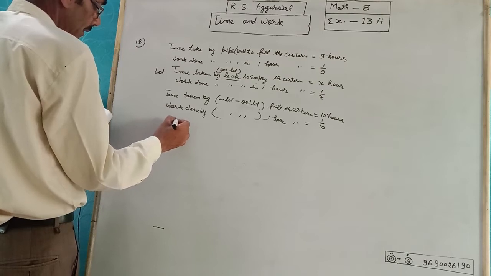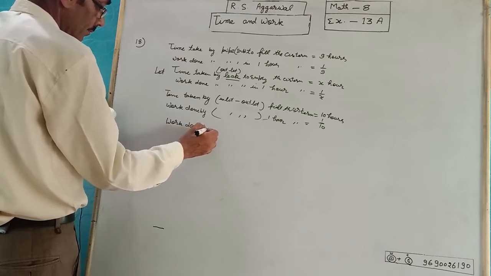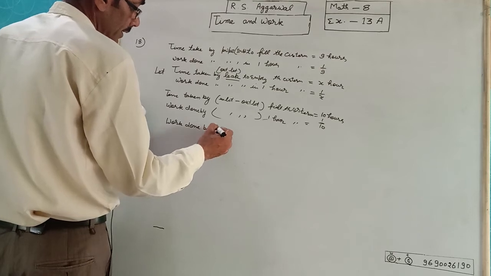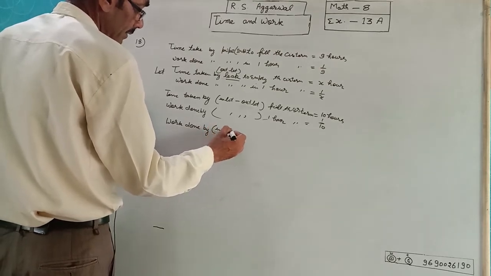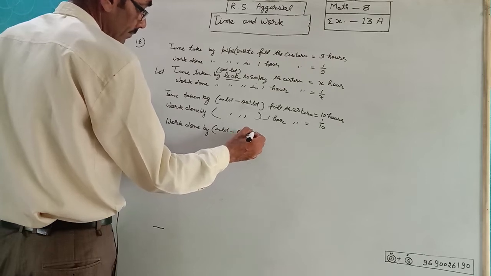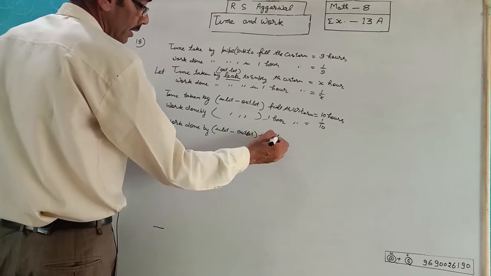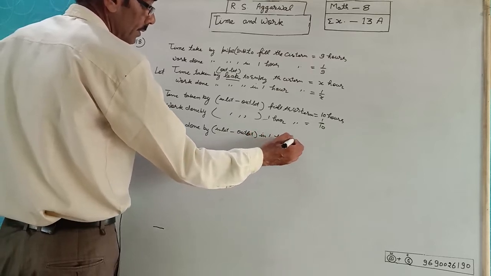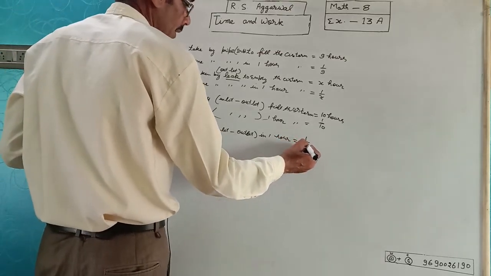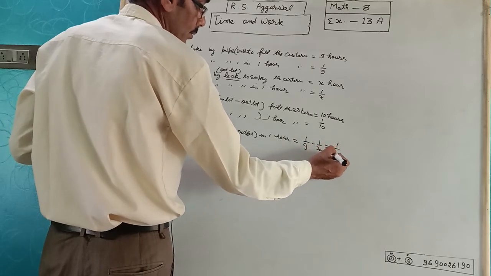Work done by inlet minus outlet in 1 hour is equal to 1 upon 9 minus 1 upon x is equal to 1 upon 10.